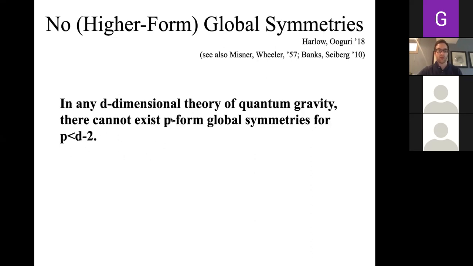So this is a more general statement, and the general tagline is that you're not supposed to have higher form global symmetries, at least of sufficiently low dimension, in quantum gravity. So this is one standard lore.